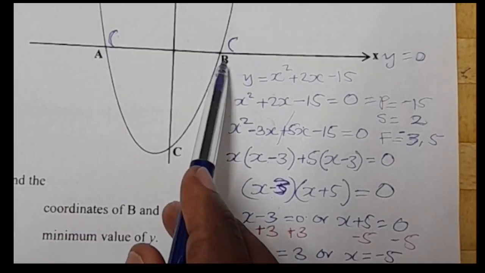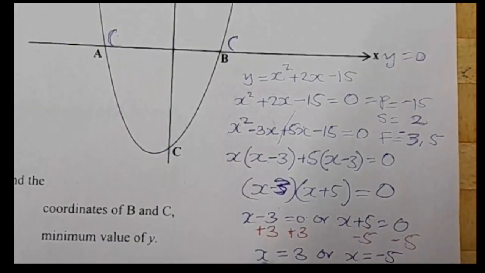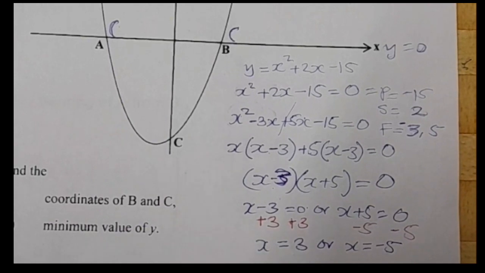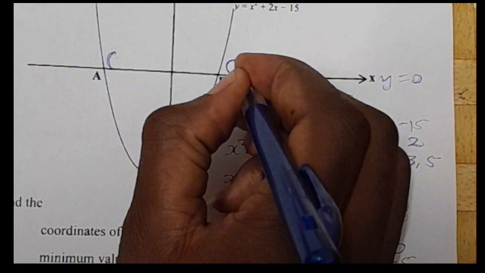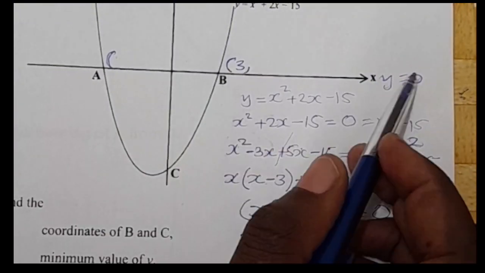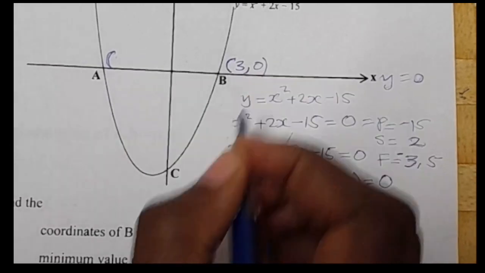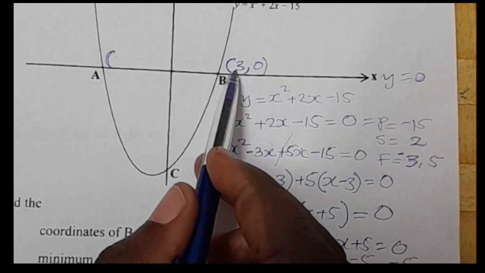But since we are concentrating on finding the coordinates of B, at B the x coordinate is 3. Okay, so we're going to have 3, comma, again, remember I said along this line the value of y is 0, so it's 0. So the coordinates at B is (3, 0).